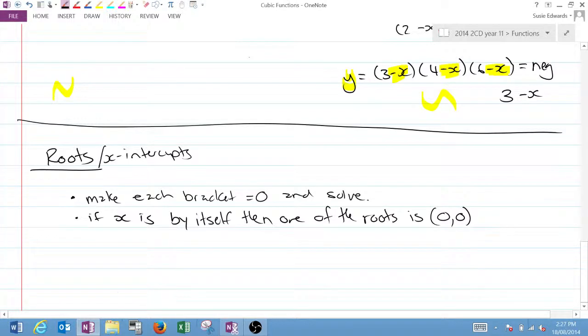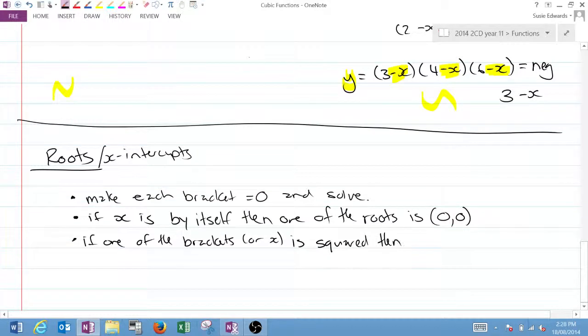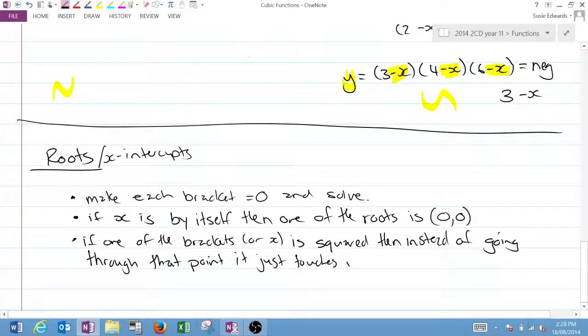And then the last rule for finding the roots, and this is new, so we haven't done this one in quadratics, is if one of the brackets, or x, because it might be x by itself, is squared, then instead of going through that point, it just touches it and becomes a turning point.